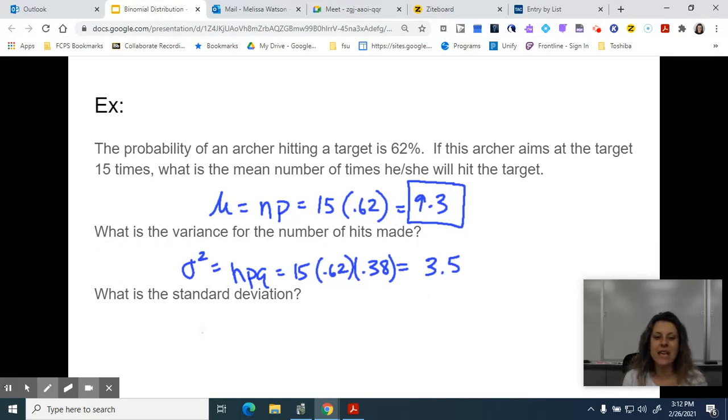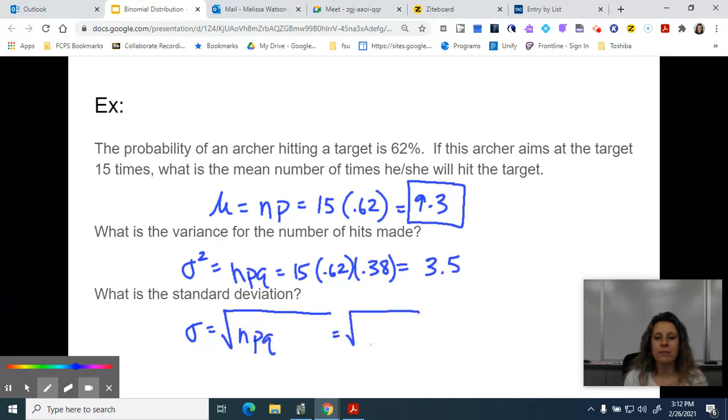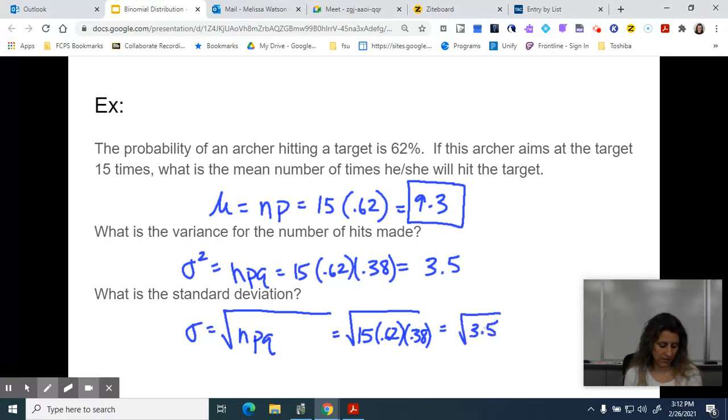Okay, and then the standard deviation is the square root of the variance. So the square root of 15 times 0.62 times 0.38. For our example, we're taking the square root of that 3.5 that we just got from the last answer.